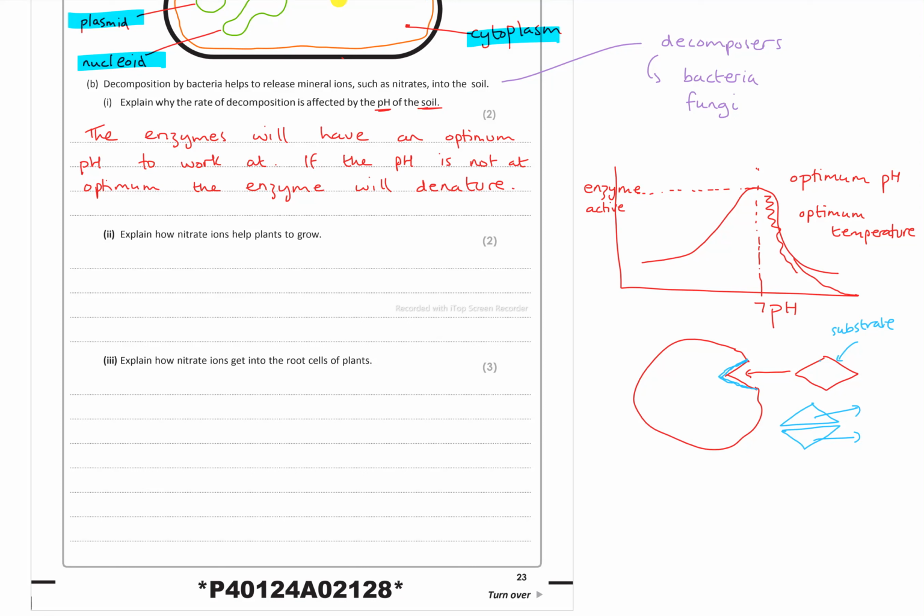Right, now we need to ask, how do nitrates help? Right, I always say nitrate ions will become, or turn into, amino acids.